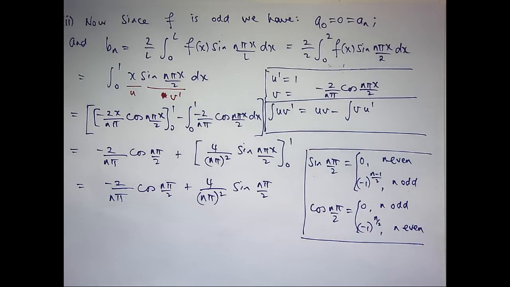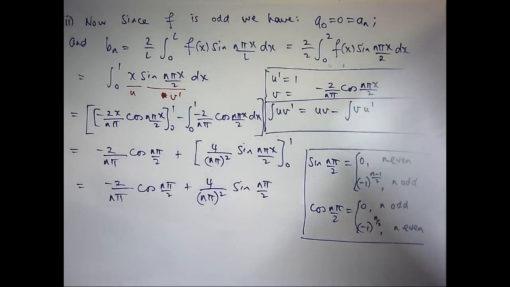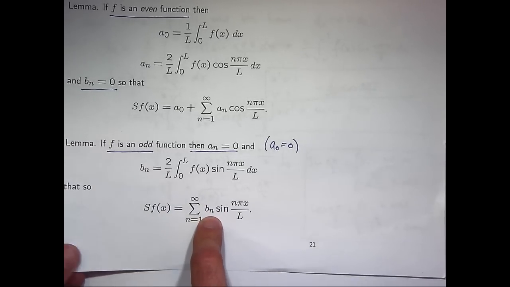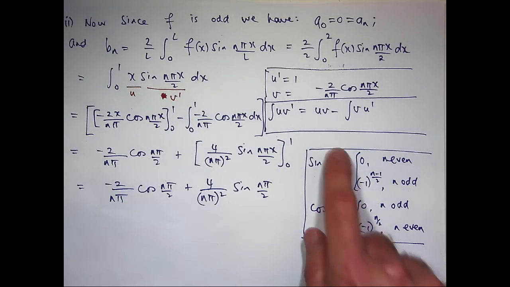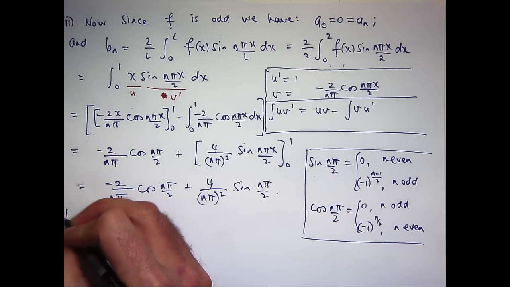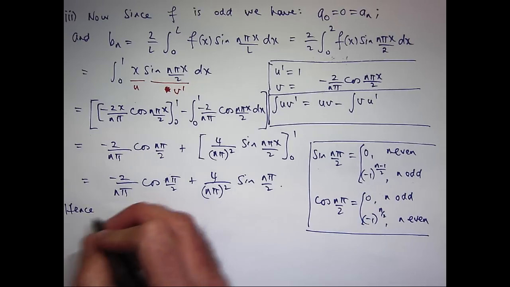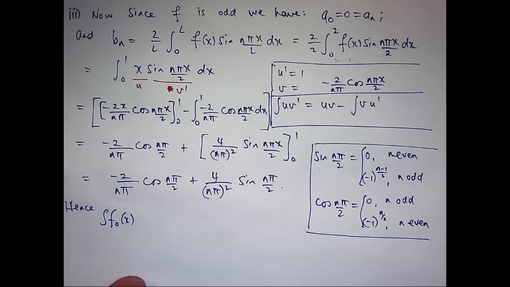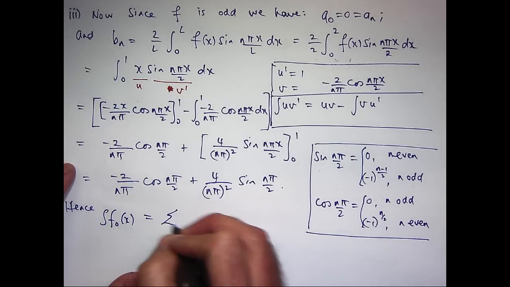Let's write down our Fourier series. Essentially, our Fourier series is a Fourier sine series here, so we just want to write this out with our b sub n's. Okay, we've calculated the b sub n's to be this, and we can simplify a little bit more if we want to. So let's look at the Fourier sine series for our function.